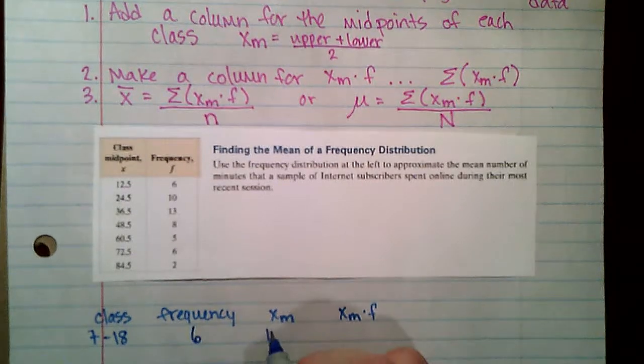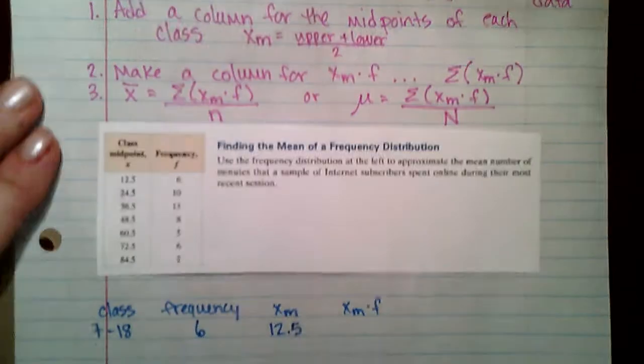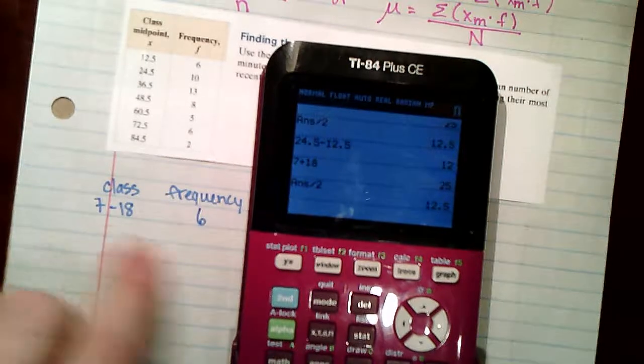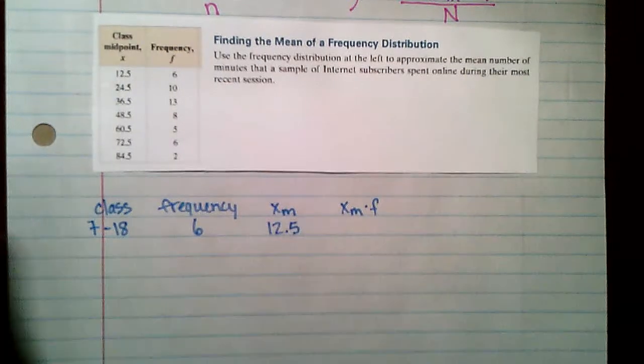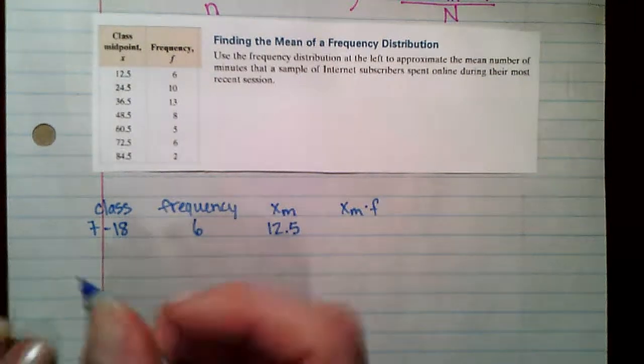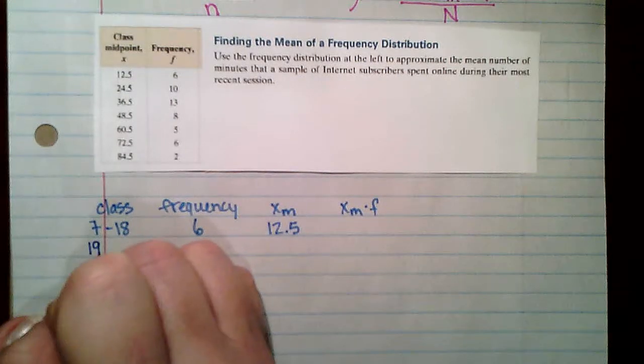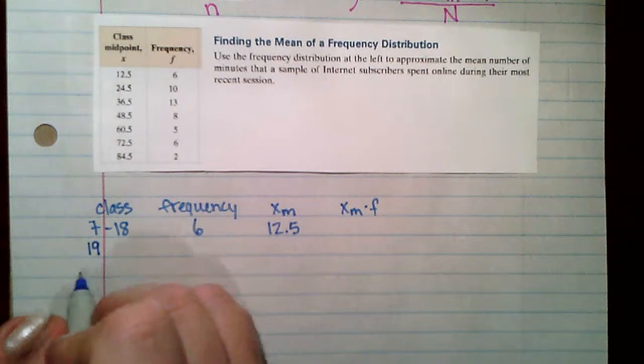Now they did give me my class midpoint, but you can see if they didn't give me my class midpoint and all I had was my class, then I would take 7 plus 18, which is 25, divide by 2, which gives me a midpoint of 12.5. So going along with the class width of 12, my next class would start at 19, and then plus 12.